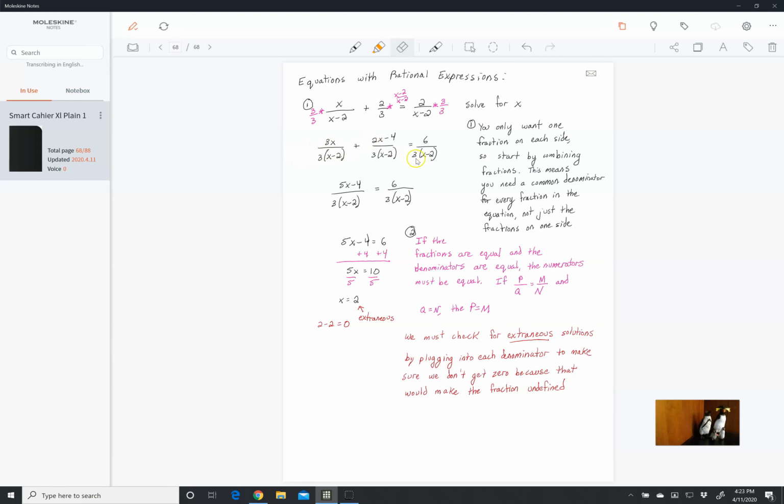That's why we needed a common denominator for every fraction so that we could say the denominators are equal. And finally, we need to check for these extraneous solutions, because if we have extraneous solutions, then it's a solution to our final equation, but not to the original.